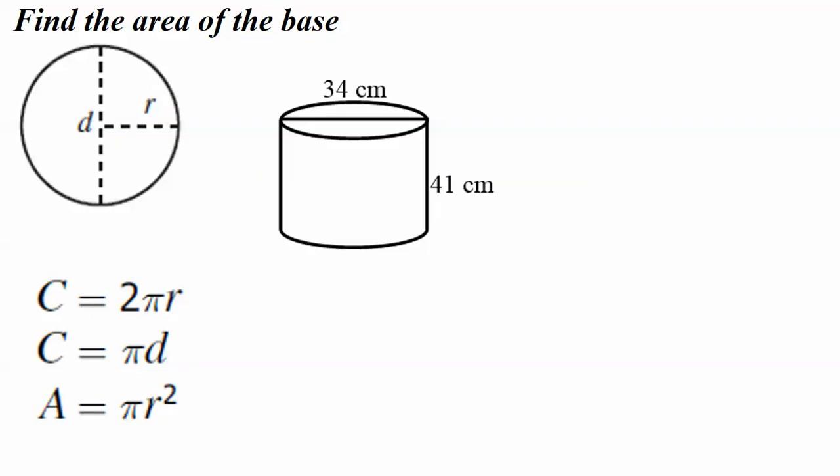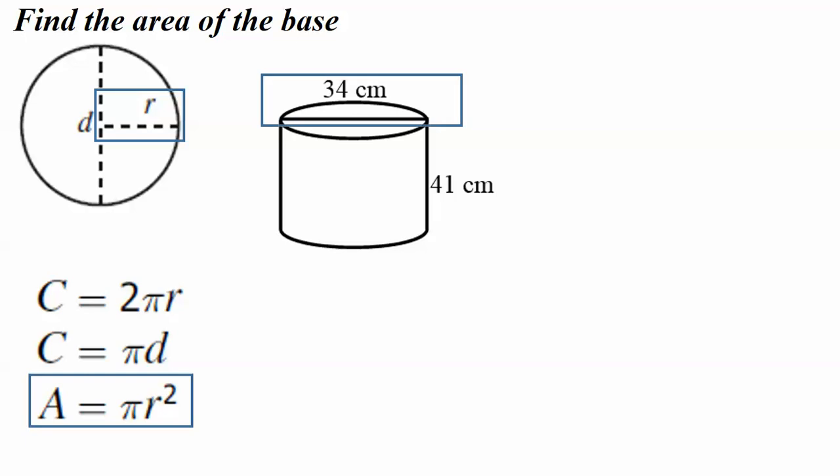Now let's find the area of the base. Again, my area formula for a circle is pi r squared. Because a cylinder has a circular base, this is appropriate. But I'll still need that radius. Because 34 centimeters is definitely a diameter, I'm going to solve my diameter for a radius. 2 times the radius equals the diameter.